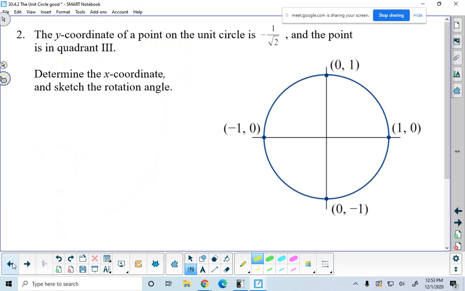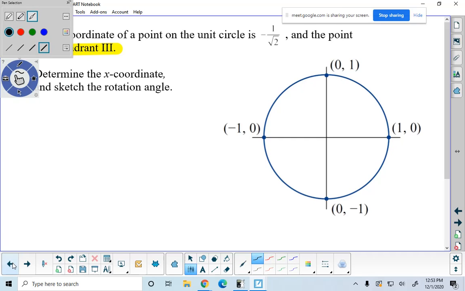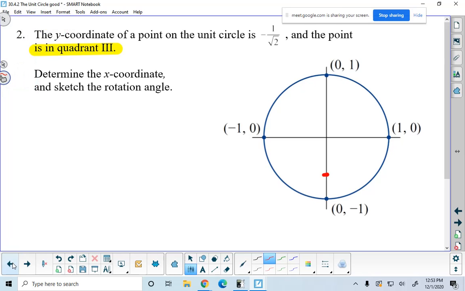Okay, the y coordinate of the point on the unit circle is -1/√2, and the point is in quadrant 3. So if the point is in quadrant 3, this is different than the previous question. I believe 1/√2 was 0.707, so -0.707 is someplace around here, roughly.